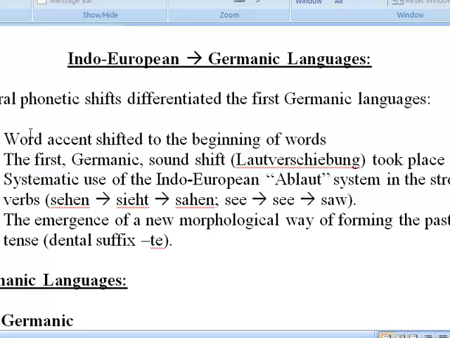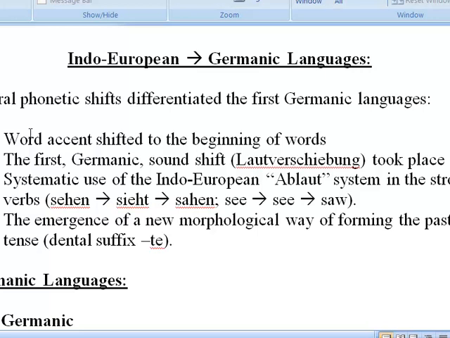And then along with this use of Ablaut for the strong verbs, we also had, in point 4, the emergence of a new way of forming the past tense for new verbs that are coming into the language from Latin, and then later from French. It's called a dental suffix.